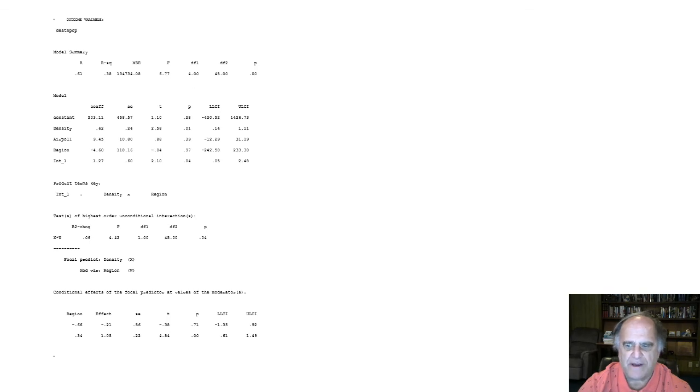At this point, I'm not going to get a lot more in depth in terms of trying to interpret those effects. You can, of course, plot them. Actually, I didn't show it to you, but Process did give me the syntax, so I could plot the different interactions.